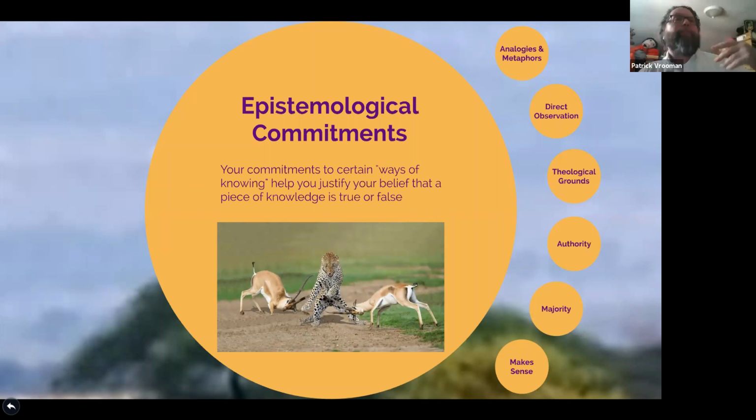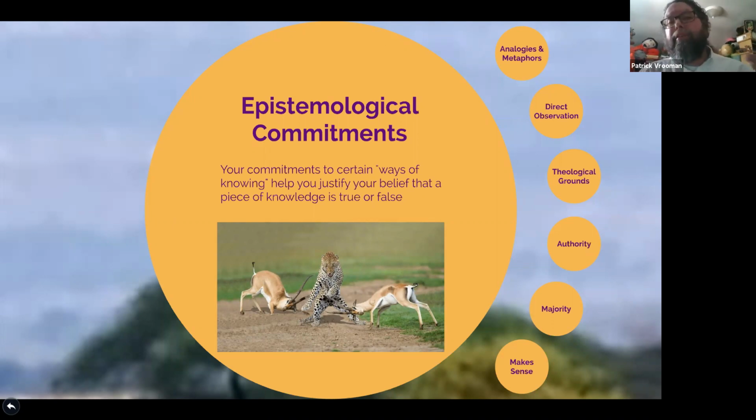We have commitments, we have critters running around our head that are committed to knowing things a certain way. The reason I put this picture on here of these two gazelles attacking a leopard is because I have an epistemological commitment to knowing that shouldn't happen, right? Like, that big cat should be eating those two critters, right?